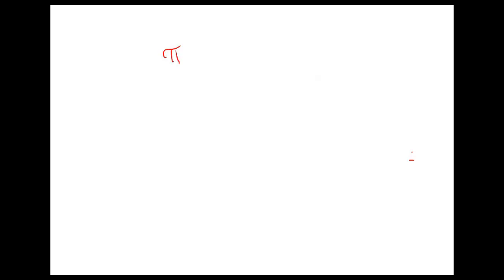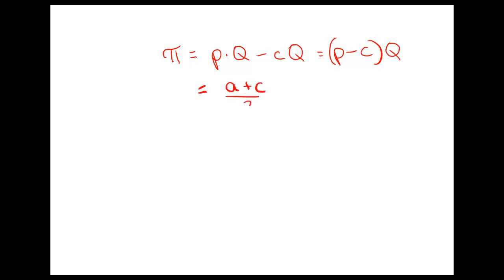So if we remember from before, profit is going to be our price times quantity minus our cost times quantity. Another way of writing that would be price minus marginal cost times quantity. Okay. So if we have the price of A plus C over 2, and then we can do minus C all times quantity.